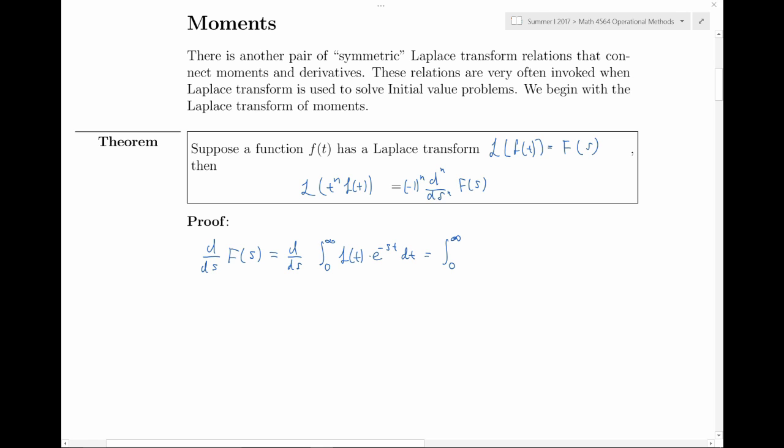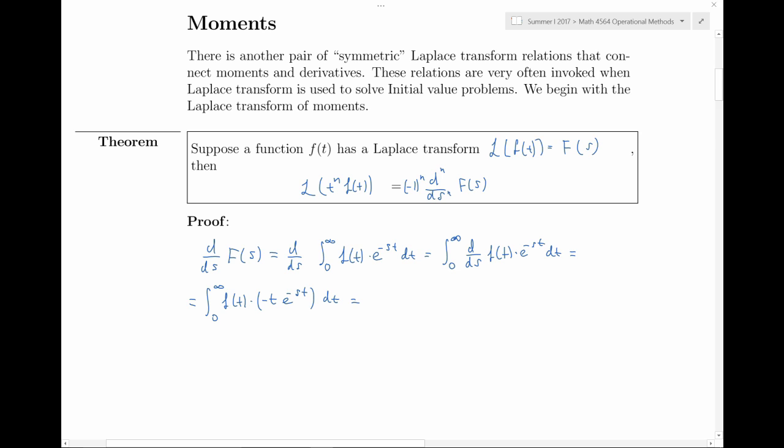So that's going to be the integral of a derivative. Well, the only thing that depends on s is the exponential function, and its derivative is simply minus t e to the minus st. Remember, we're taking a derivative with respect to s.